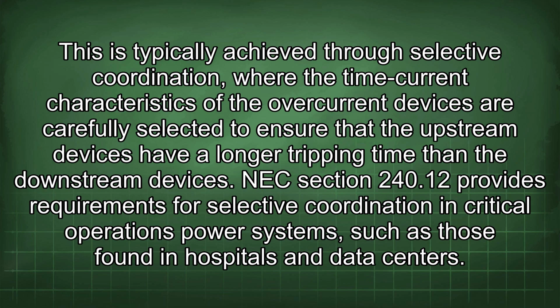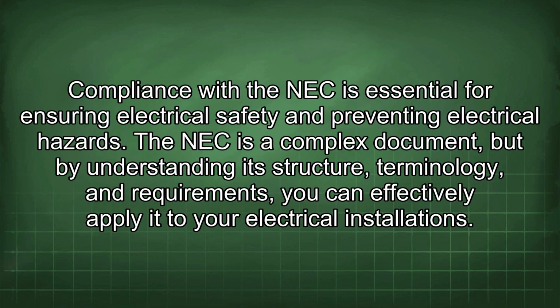NEC Section 240.12 provides requirements for selective coordination in critical operations power systems such as those found in hospitals and data centers. Compliance with the NEC is essential for ensuring electrical safety and preventing electrical hazards.